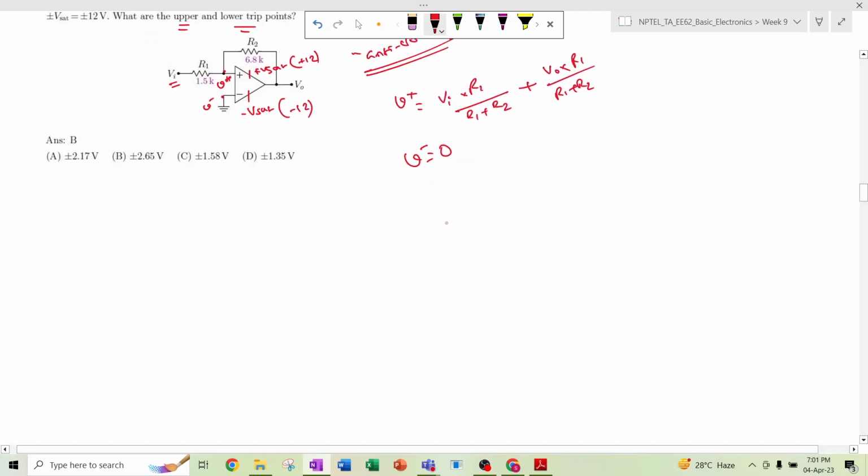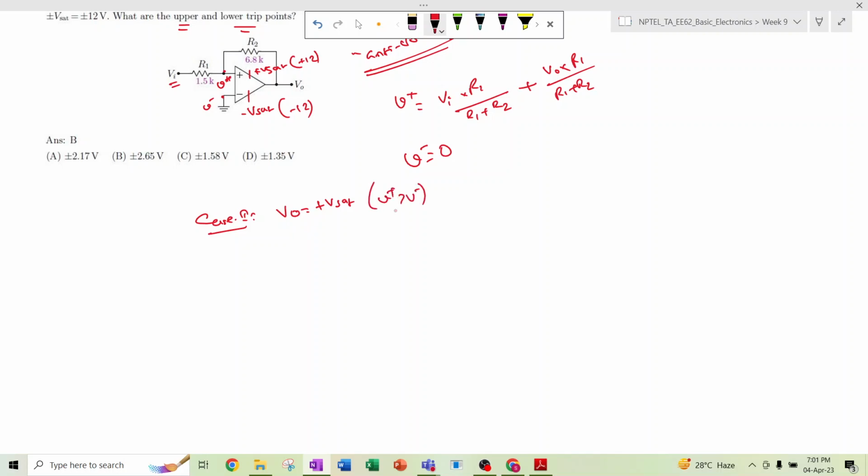Now case number 1. In case number 1, consider VO equal to plus Vsat. At first it was plus Vsat, which means V plus is already greater than V minus, that is being amplified, and that's why VO is plus Vsat. Now if V plus is less than V minus, then VO becomes minus Vsat.